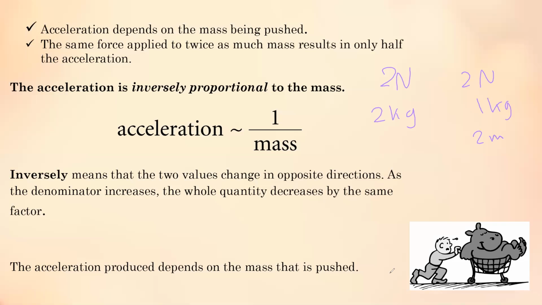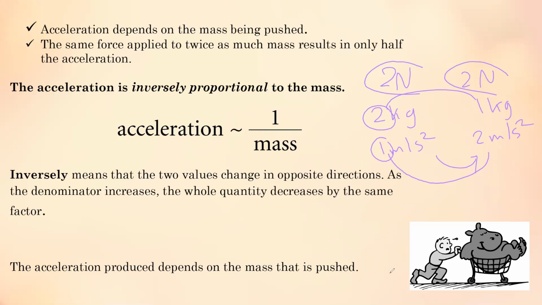Here it will accelerate 1 meter per second squared, and here it will accelerate 2 meters per second squared. You apply the same force on both, but since the first one's mass is twice the second one, its acceleration will be half of the second one.